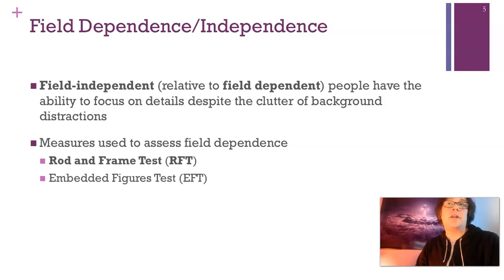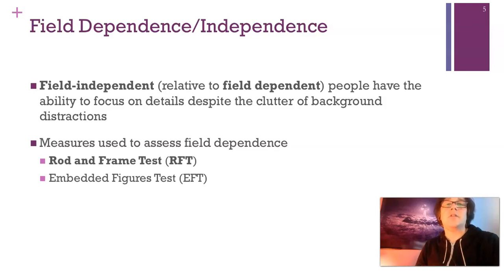So field independent people will function with more autonomy, and display a more impersonal or detached orientation towards others. We'll talk about the different personality traits associated with field dependent and field independent people in a moment here.